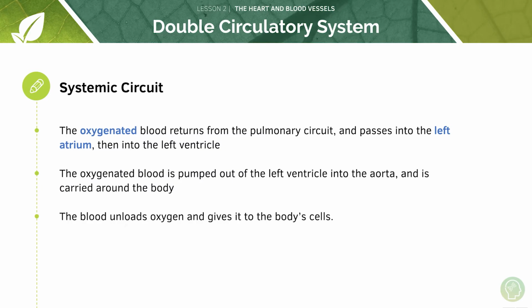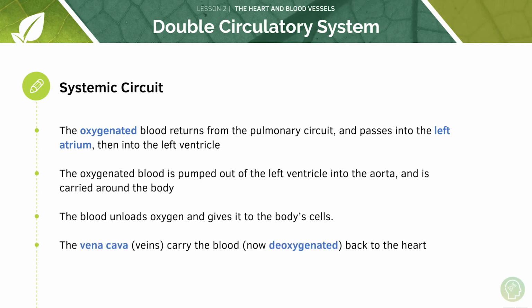Throughout the body, the blood is going to unload oxygen and give it to the body's cells, and the body cells in return are going to unload carbon dioxide and pass it on to the blood. The blood then flows through veins, eventually through to the vena cava, and it is now deoxygenated, and it's going to return back to the heart, where it then needs to be pumped back through the pulmonary circuit so that it can be reoxygenated.